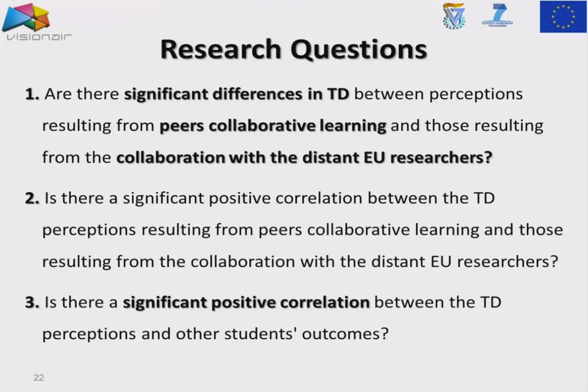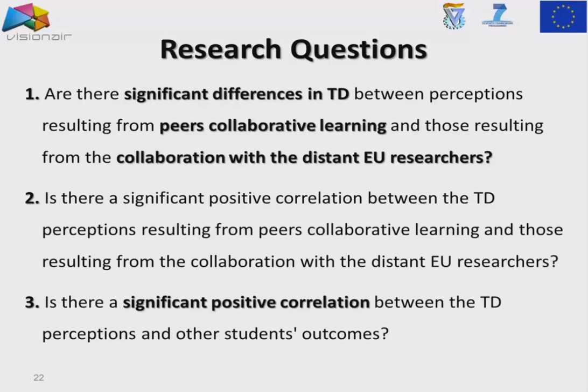Although there are differences, we hypothesize that there will be a correlation between them because it's a subjective and personal distance, and if you feel distance in the group, we suppose that you feel distance from the distant researchers, and if you understand much more with your peers, it will be easier to understand the distant researchers. So we hypothesize that there will be a correlation between those 2 kinds of transactional distance.